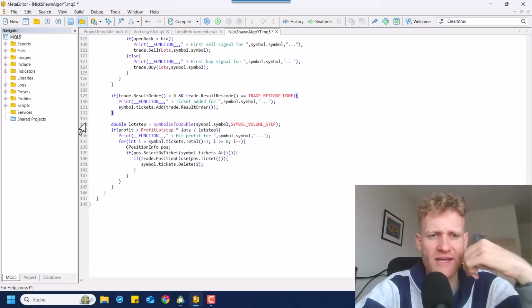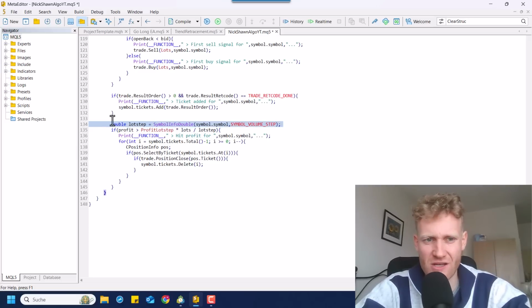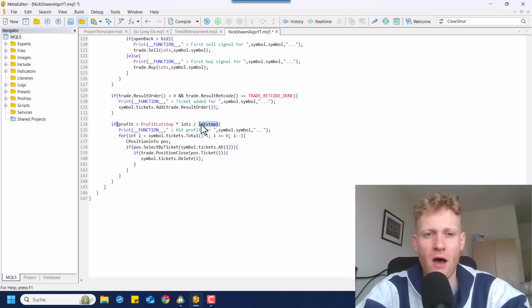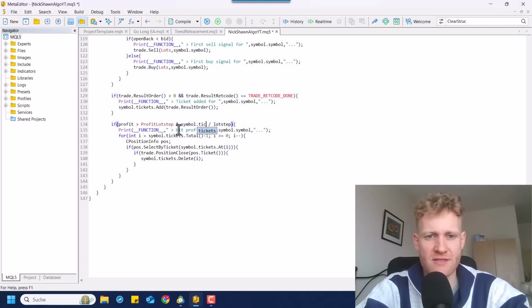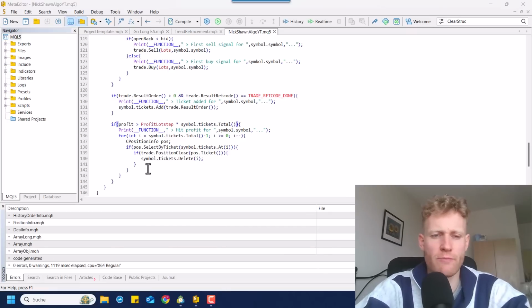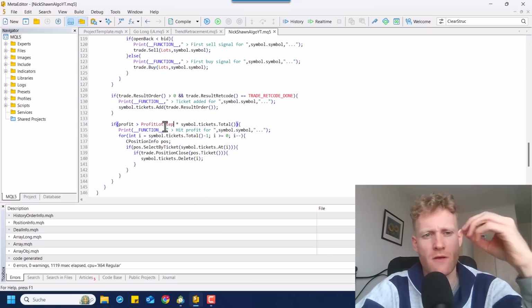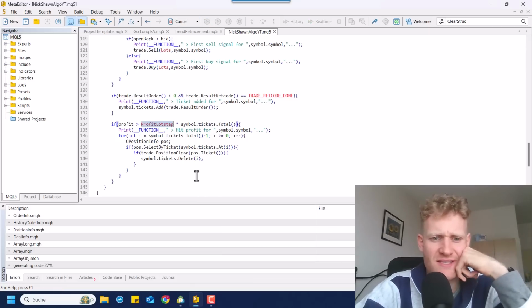What I want to do now is say profit lots multiplied with symbol tickets total. Just, for every single trade, we want to make 10 euro. And this makes sense, I think.